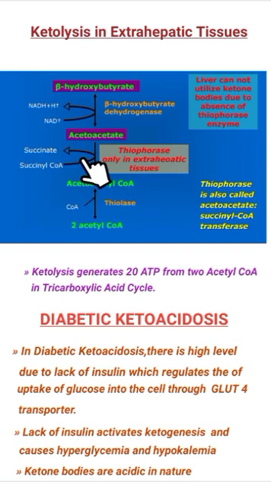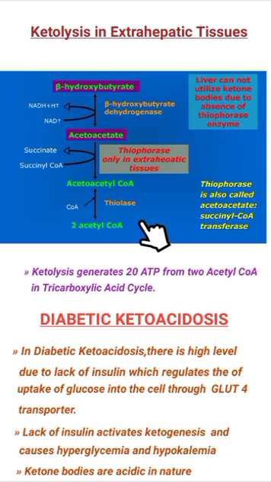At the same time, it produces succinate. Then acetoacetyl-CoA can be cleaved into two acetyl-CoA by an enzyme called thiolase. It breaks down acetoacetyl-CoA and adds a coenzyme A to form two acetyl-CoA.